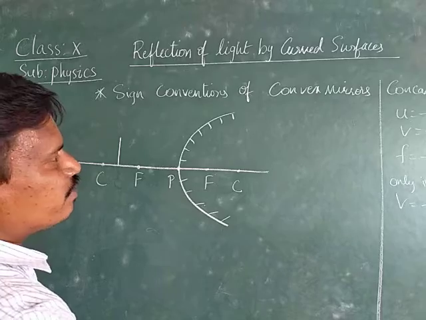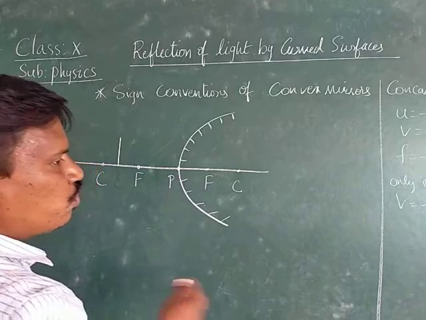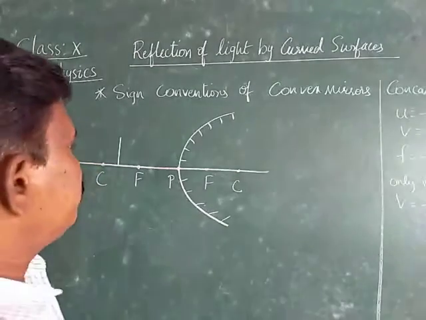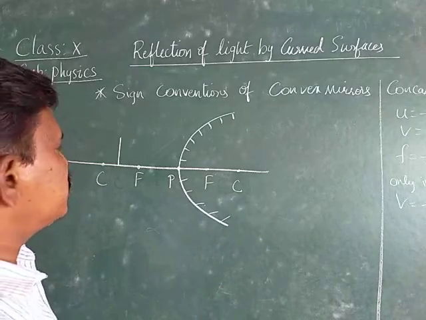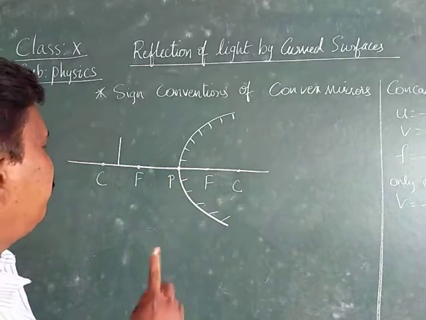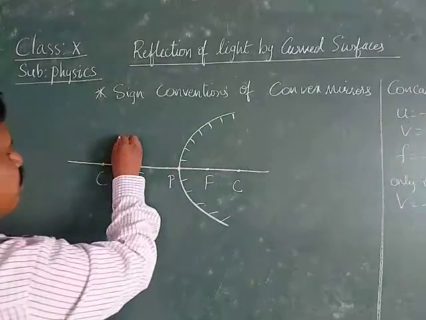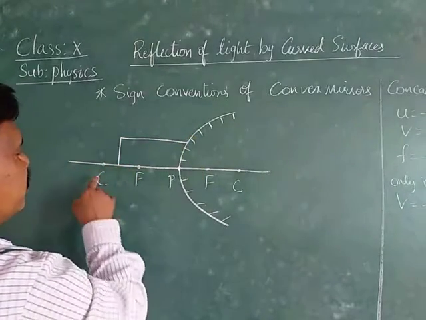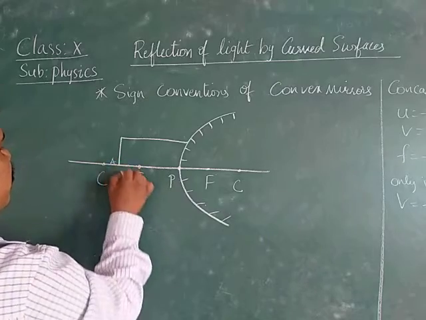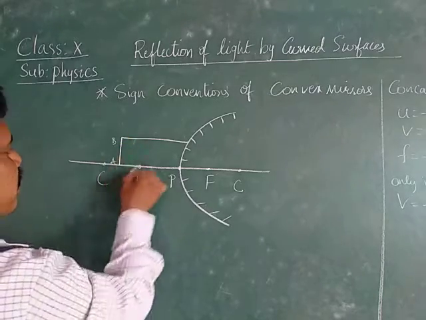For the convex mirror we have only two positions, that is at infinity and between infinity and the pole. Therefore I am placing an object between infinity and the pole, that is, between C and F.